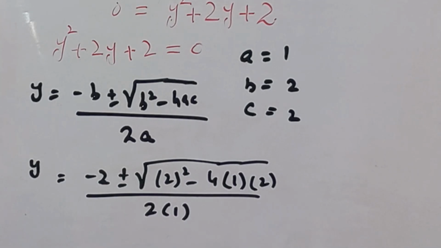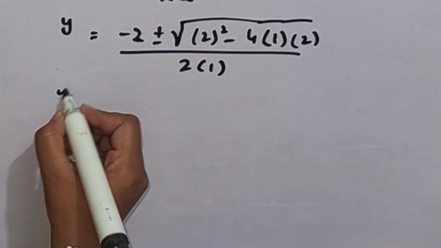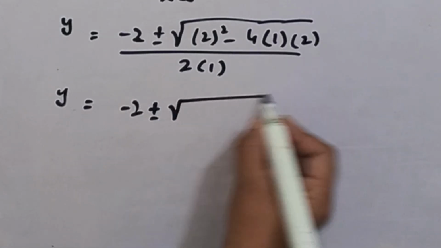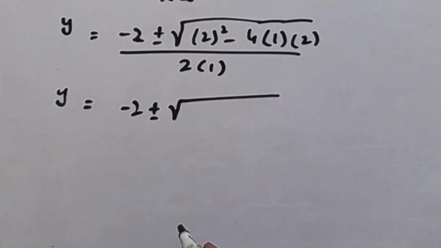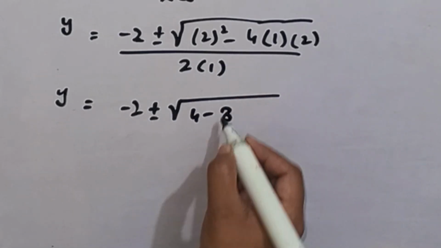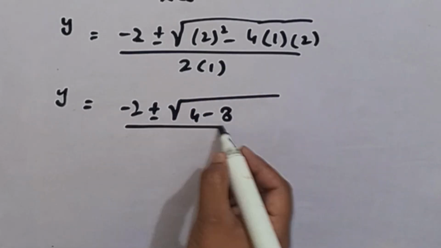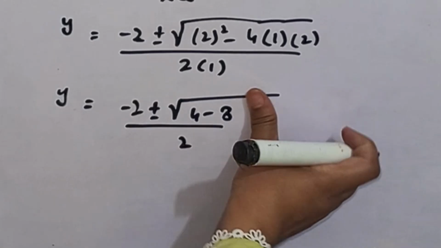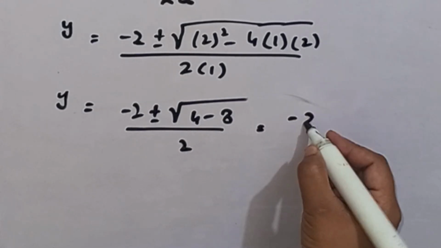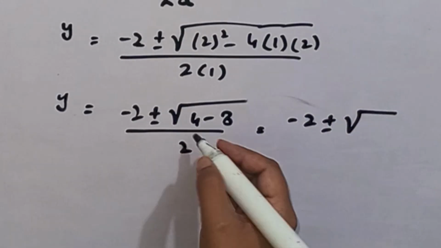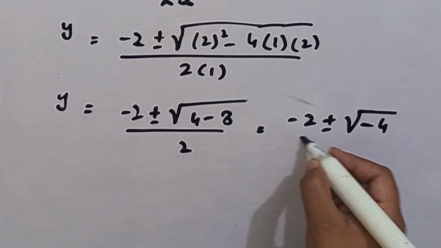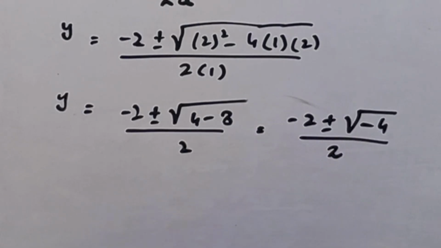Now we simplify this. So y is equal to -2 plus minus square root, 2 square is 4. Multiply these values, then we get 8. So this is equal to -2 plus minus square root 4 minus 8, which is -4, over 2.